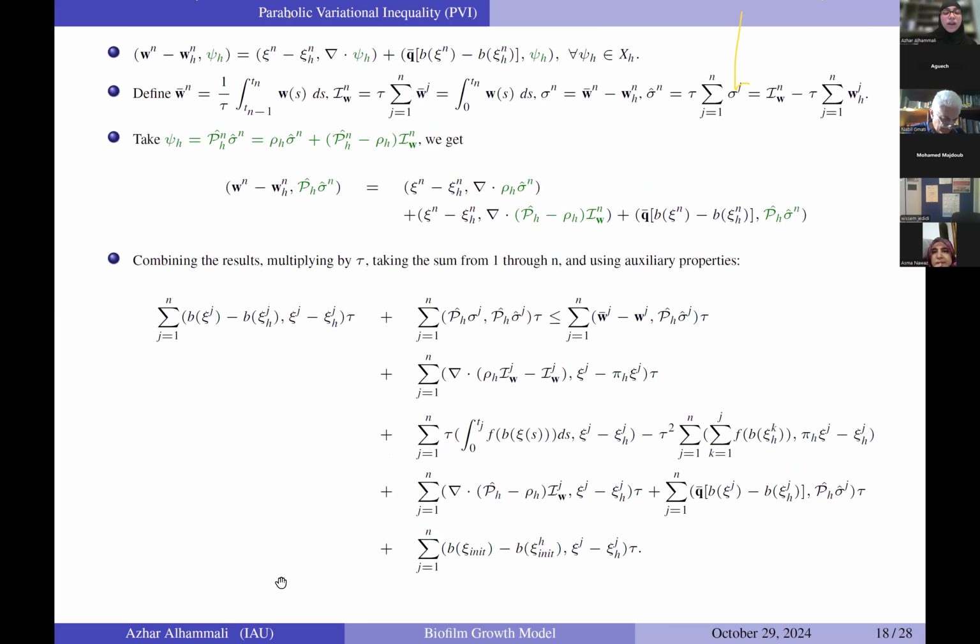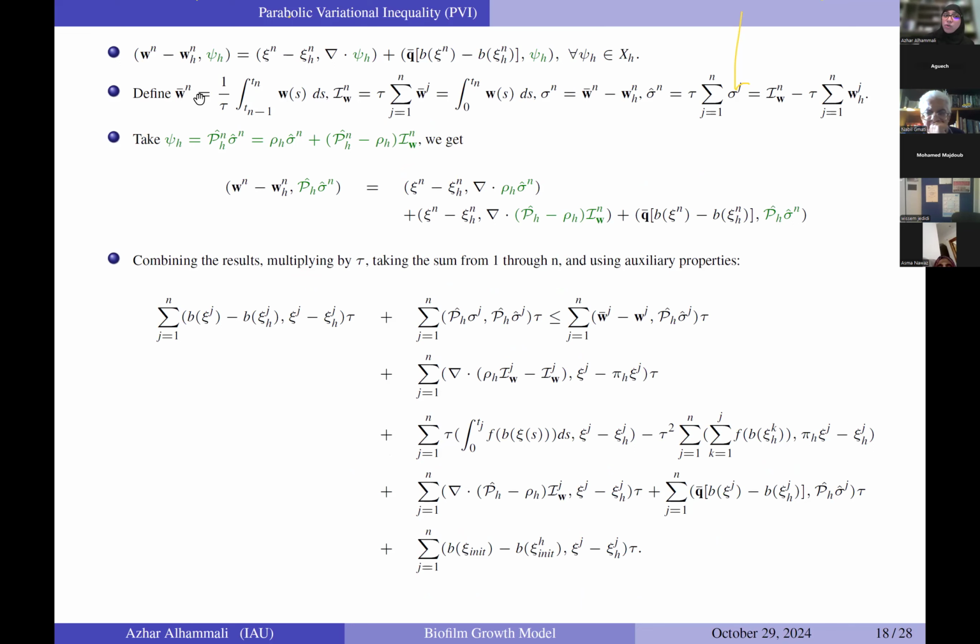And then we go to the equalities in both the continuous case and the discrete case. We subtract them from each other. We get this equality. Now xi h is the test function. Then we define W bar n as the average of the flux on the time sub-interval from Tn minus 1 to Tn.